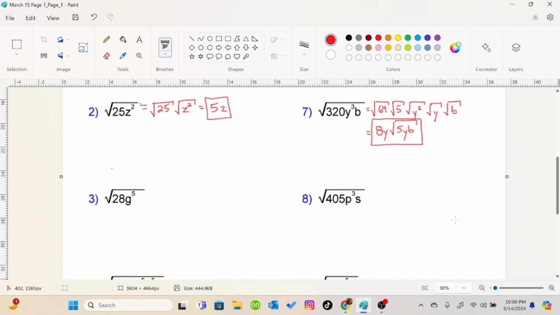Number 3. 28 can be thought of as 4 times 7, and g to the fifth can be thought of as g to the fourth times g.